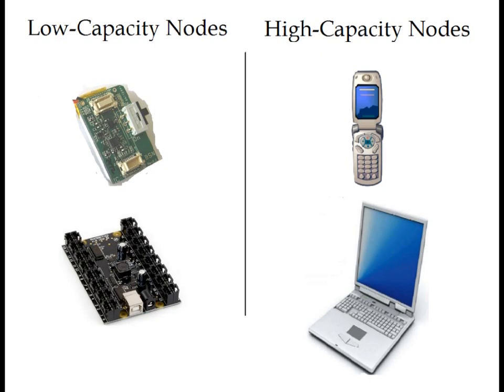These low-capacity nodes need to function despite strict constraints on resources such as processing power, memory, storage, energy, bandwidth, and wireless transmission range. In this video, we demonstrate a gateway approach to achieve lightweight smart space functionalities in a network composed of such low-capacity nodes.